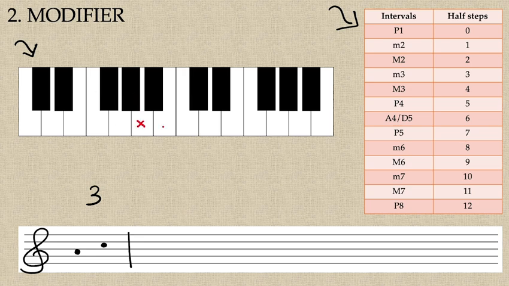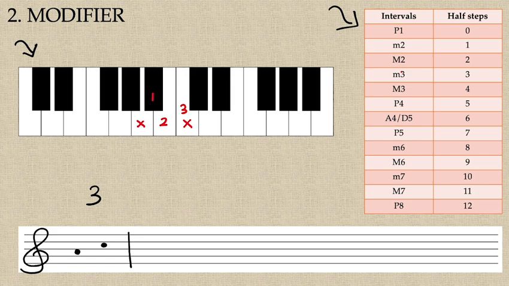So we have A and C, these are the two notes. Then we will count the half steps. From A to A sharp, this is one half step. From A sharp to B, this is the second half step. From B to C, this is the third half step. So there are three half steps in between A and C.